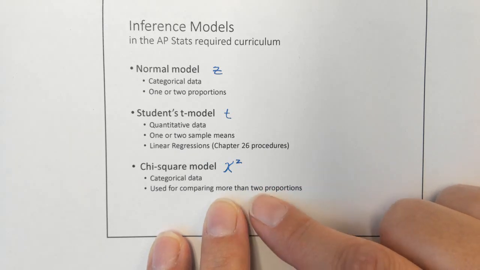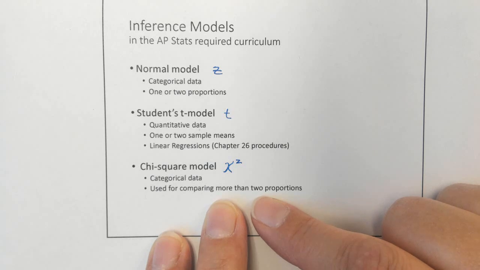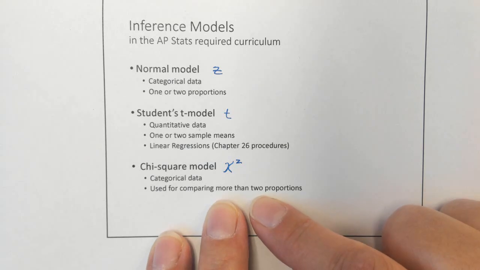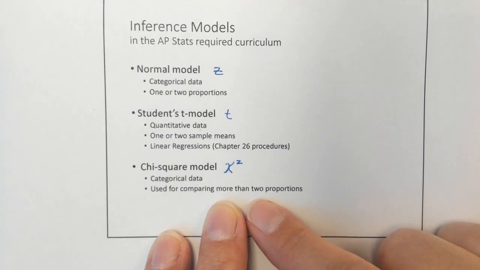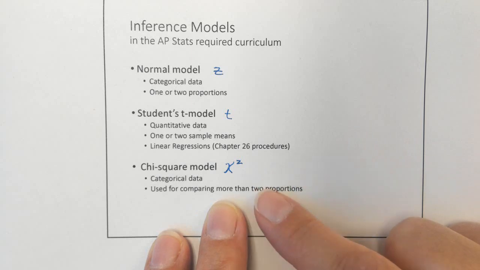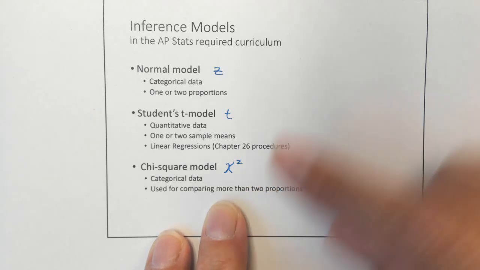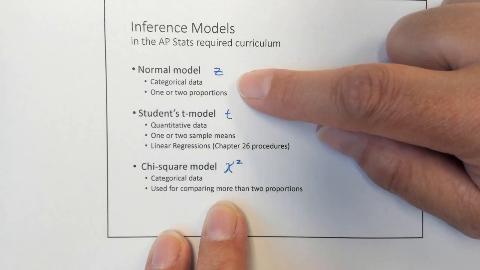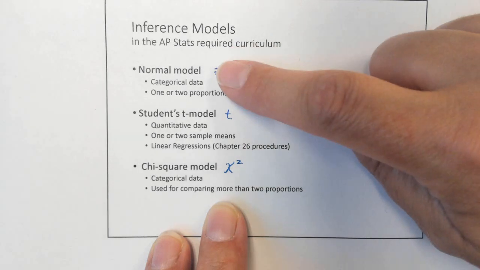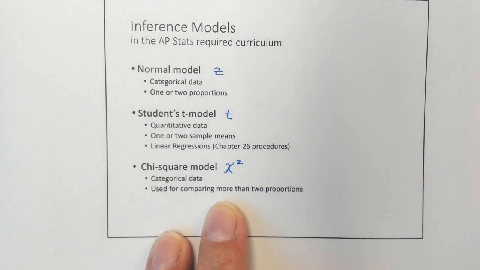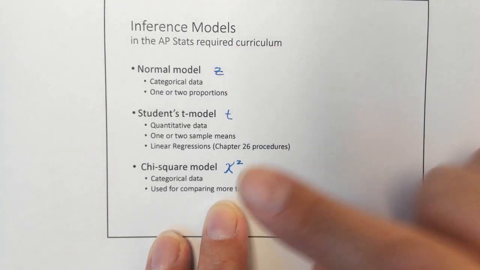So if you are doing an experiment and you have 3 treatment groups and your observations are percentages, when you have a categorical variable, if you had 3 treatment groups, you would need to move into a chi-square test in order to compare your treatment groups. Because the normal model will only go up to 2 treatment groups, only up to 2 proportions. So where that one fails to continue, this one picks up.